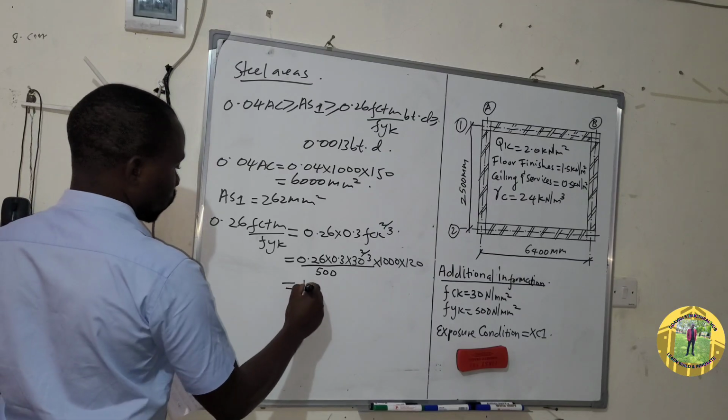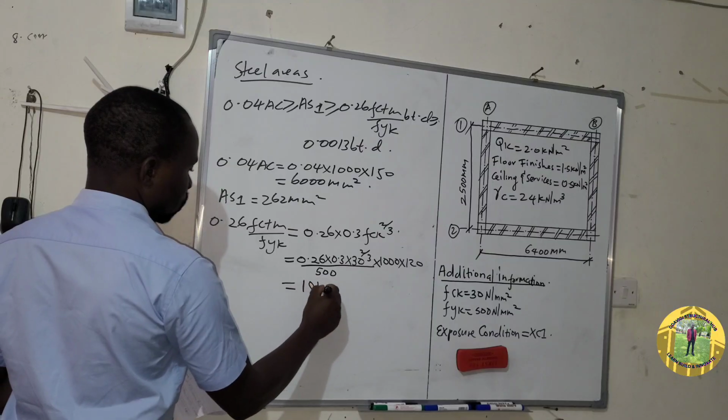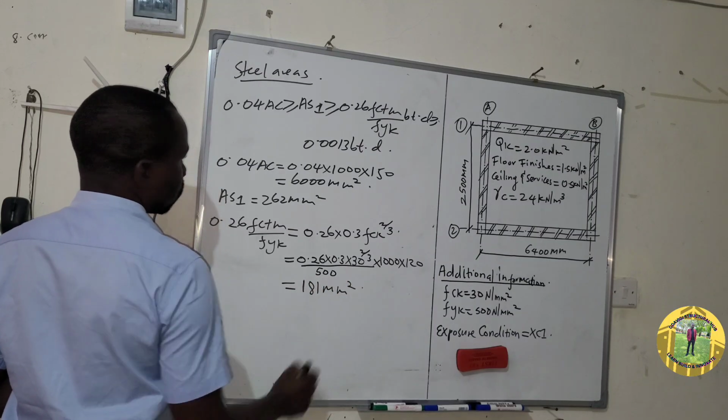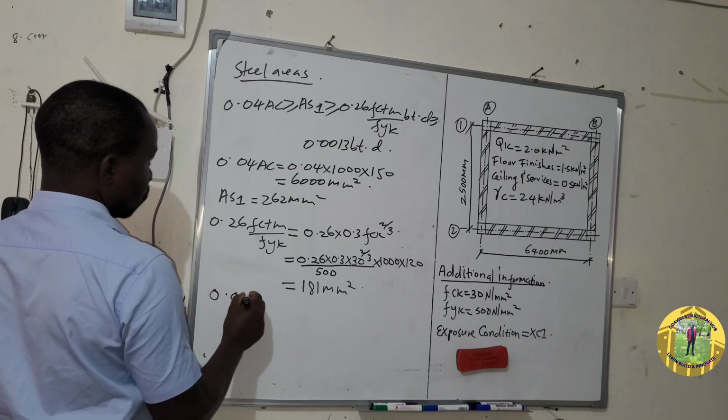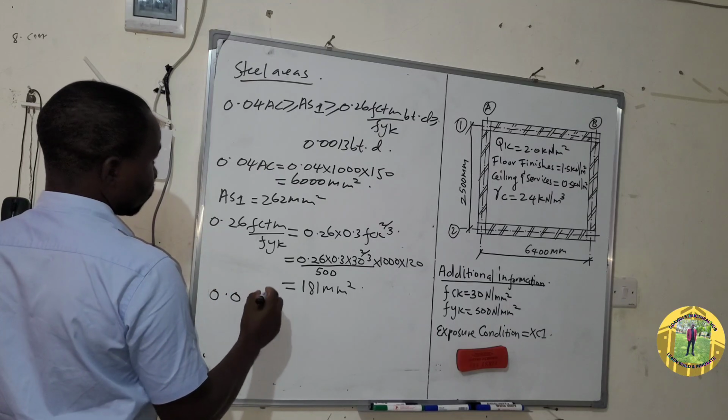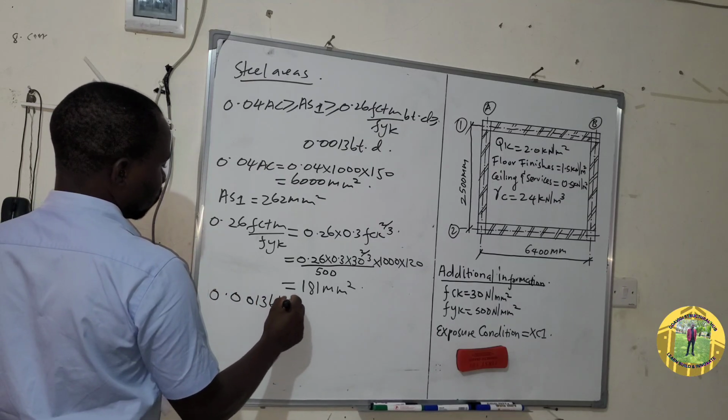So this is 181 millimeter square, and then you proceed to 0.0013 BTD.